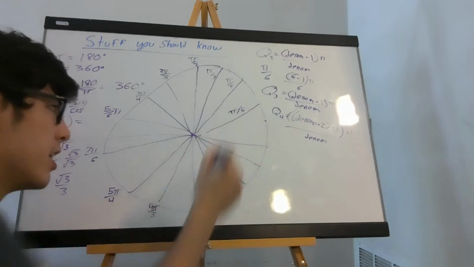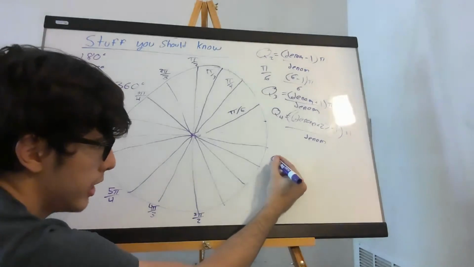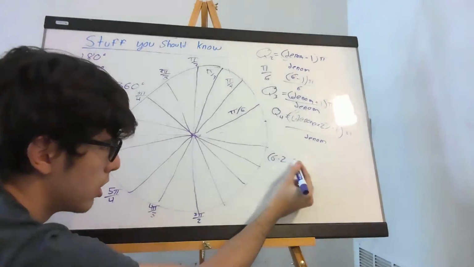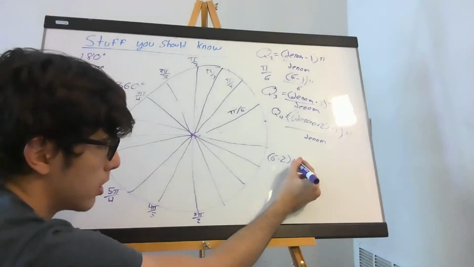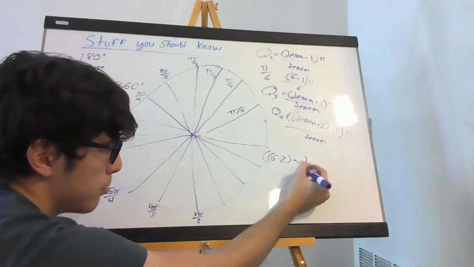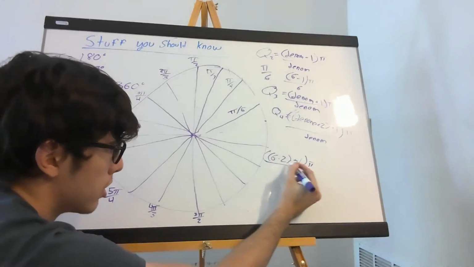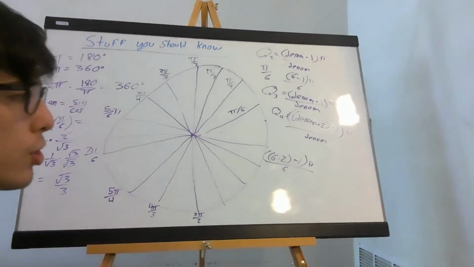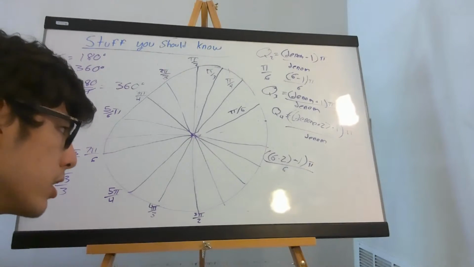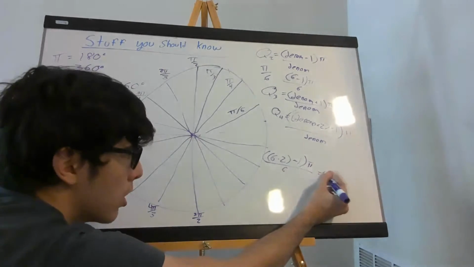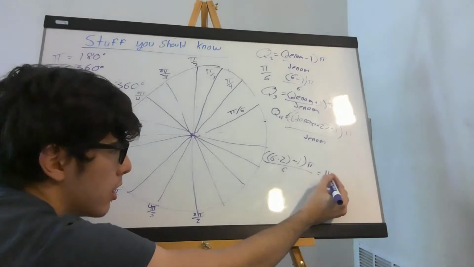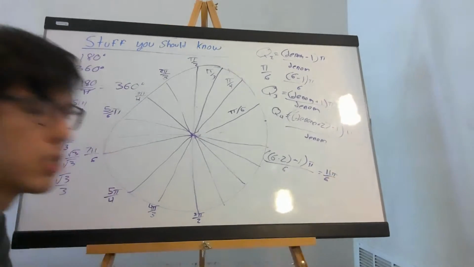All right, so let's start with pi over 6. So 6 times 2 minus 1, all times pi over 6. So 6 times 2 is 12, minus 1 is 11, times pi, so we've got 11 pi over 6.